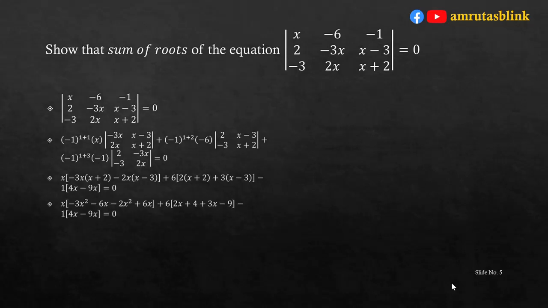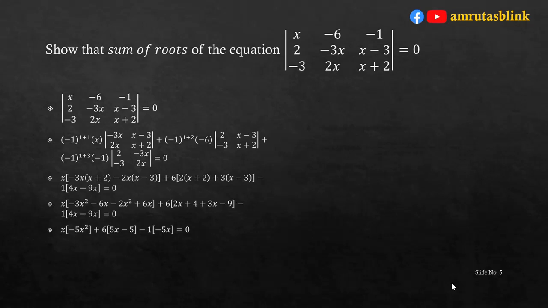That is x into (-3x² - 6x - 2x² + 6x) + 6 into bracket (2x + 4 + 3x - 9) - 1 into bracket (4x - 9x) is equal to 0.